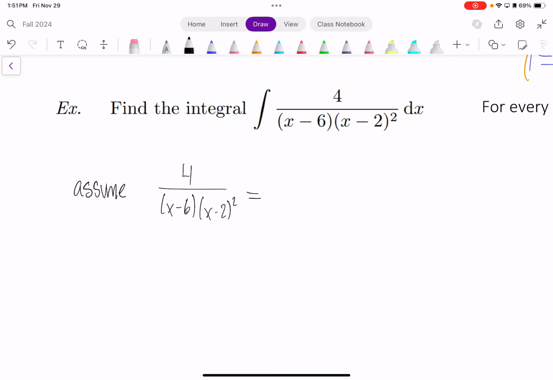But you need to make sure that you also keep the lower powered root. So for example, this is going to be decomposed into a over x minus 6 plus b over x minus 2 plus c over x minus 2 squared.